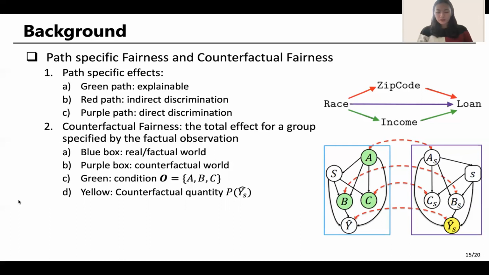Counterfactual fairness is the total effect for a group specified by the factual observation. The blue box denotes the real factual world. The purple box denotes the counterfactual world. Green represents the condition and yellow is the counterfactual quantity.